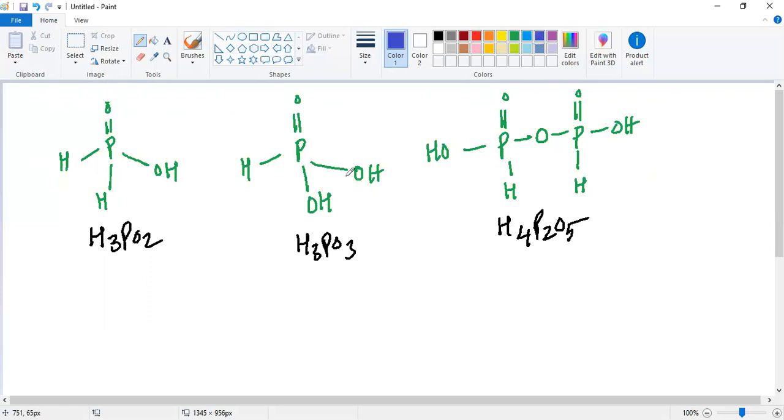Here you can see that in H3PO2 phosphorus exists in the +1 oxidation state. In H3PO3, phosphorus has +3 oxidation state, and in H4P2O5 also phosphorus has +3 oxidation state. Here you can see that we may have either this P-H bond.